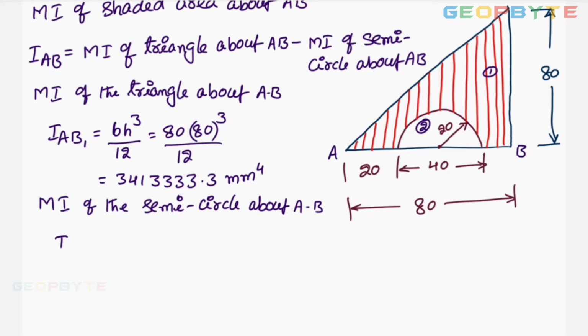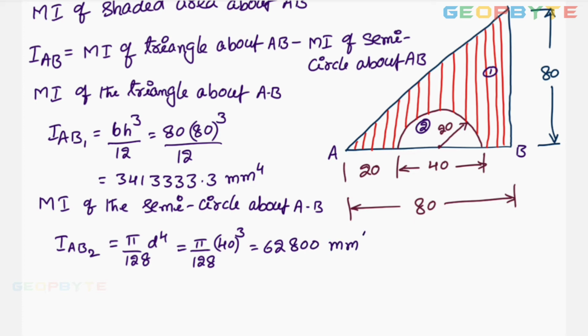Here IAB, we are assuming semicircle is section 2, equal to pi by 128 into d power 4, equal to pi by 128 into 40 power 4. You simplify this value to get around 62800 mm power 4.